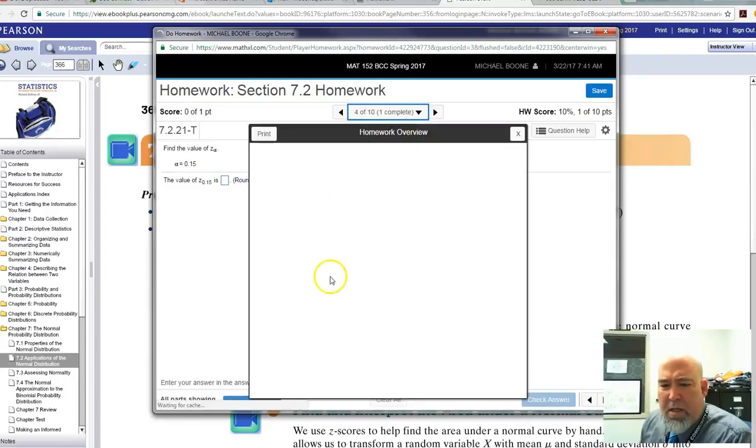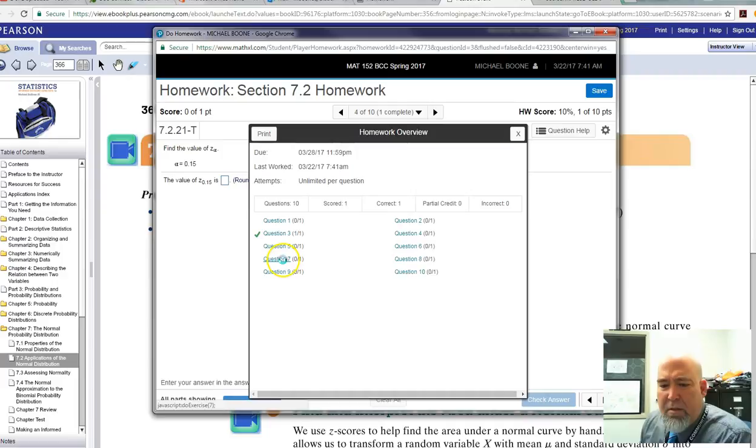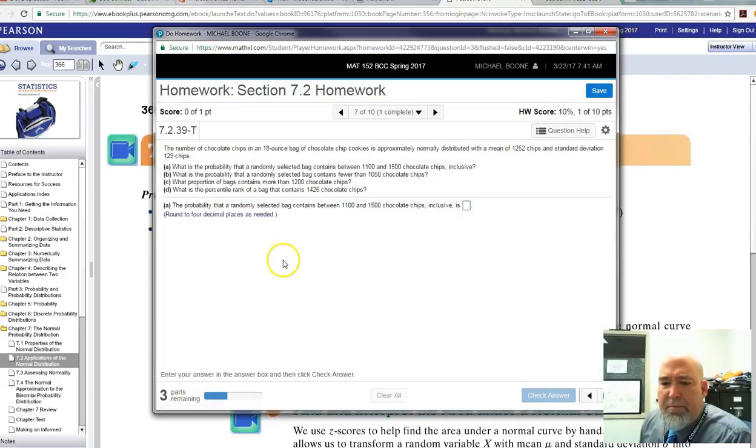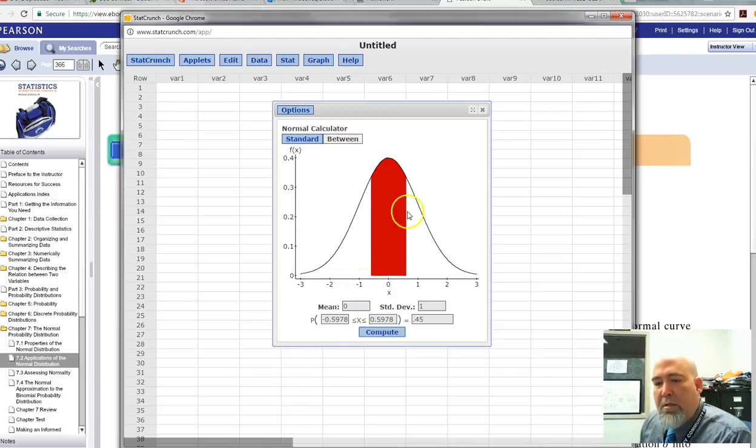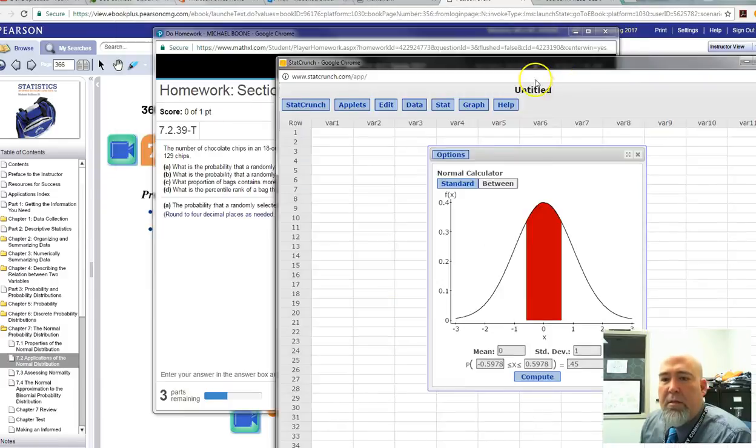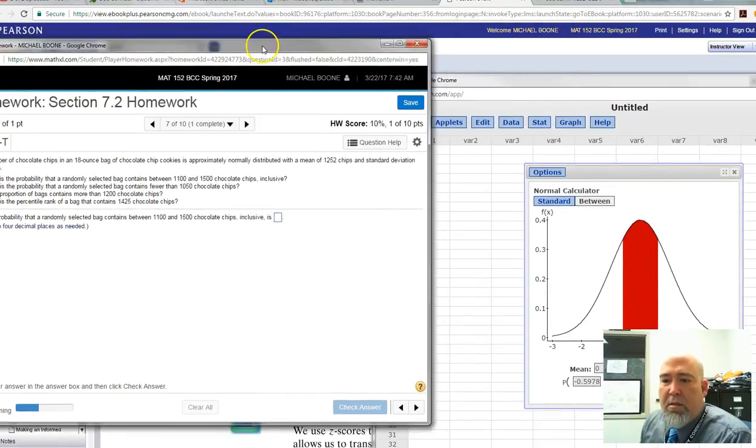Another one I wanted to look at is number 7. So here they give me something where it has a mean of 1252 and a standard deviation of 129 chips. And so I'm going to use that in StatCrunch.